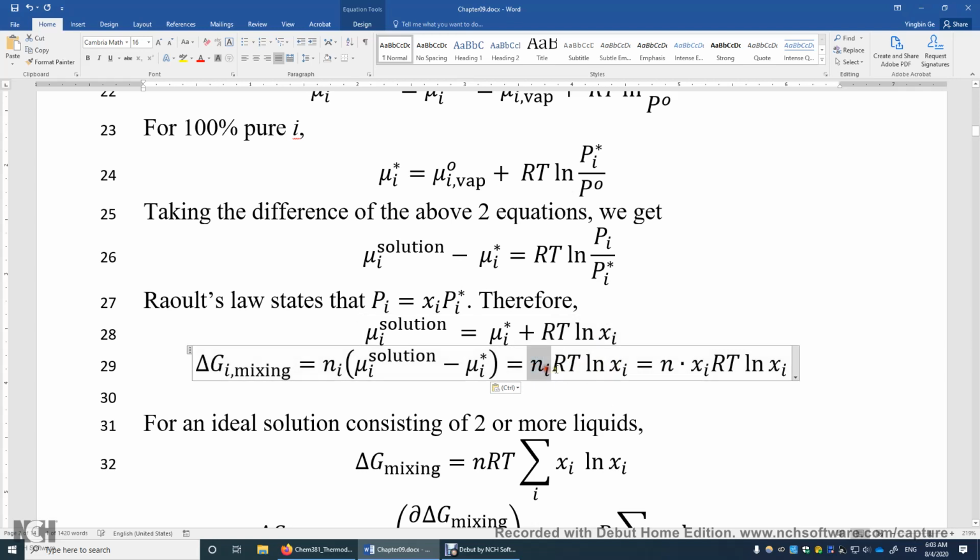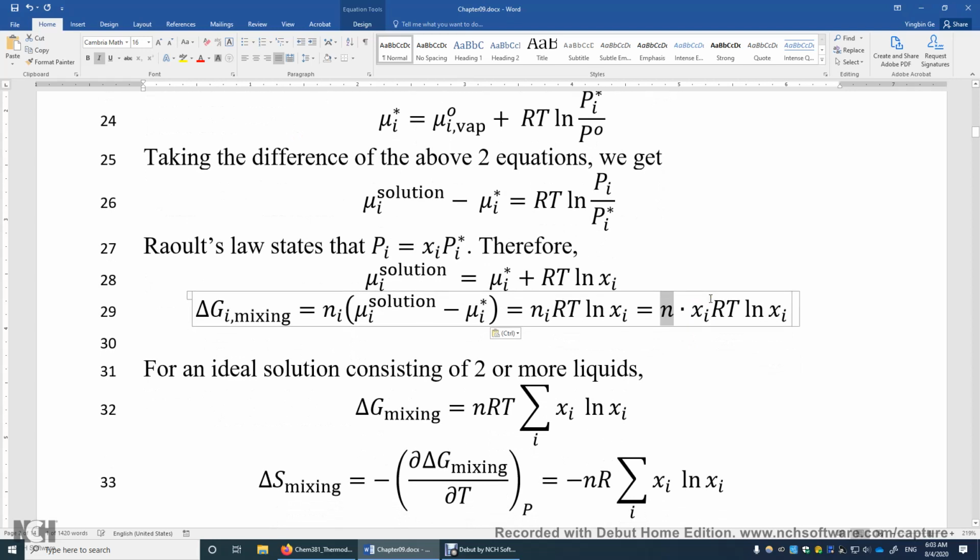This is actually n times Xi, where n is the total number of moles of all components in the solution, and Xi is the mole fraction. The reason we do this is because if we have two or more liquids being mixed, the total Gibbs energy change is simply nRT times the sum. The sum of what? The sum of this.